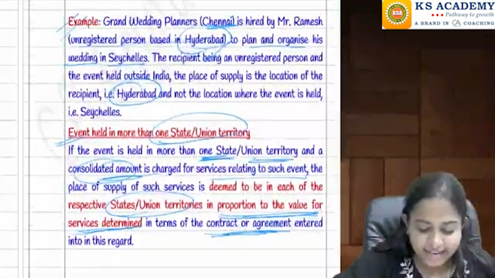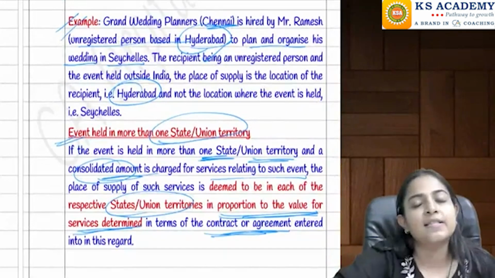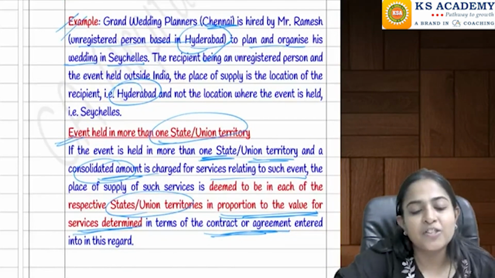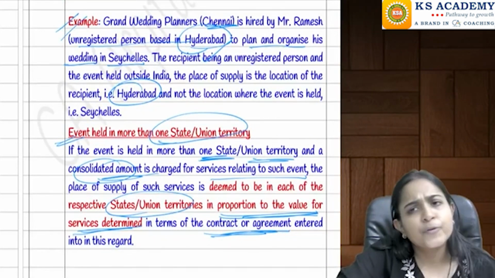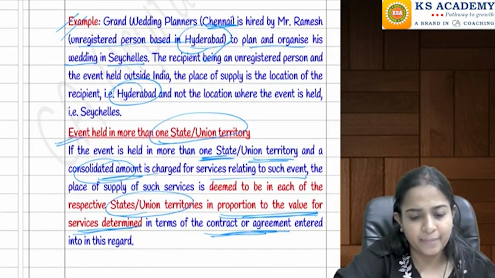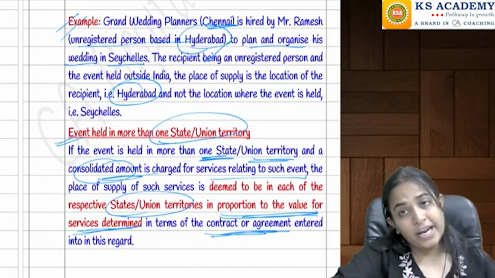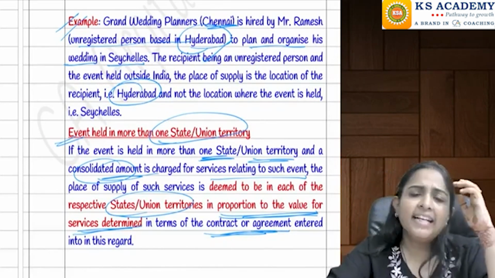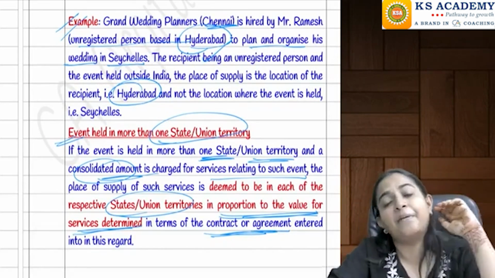Then after that, can there be a possibility that an event is held in more than one state? There is a single event organizer who is providing me services for events which are going to be held in multiple states. How do we divide the amount? Simple. Go and refer to the contract or the agreement and divide it accordingly. If there is no contract or agreement, then divide as per generally accepted accounting principles.